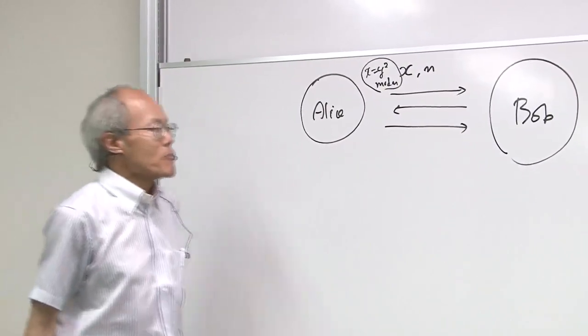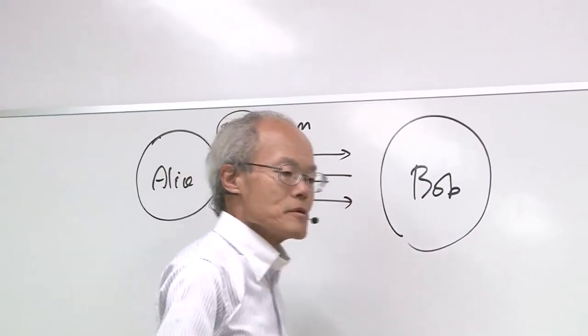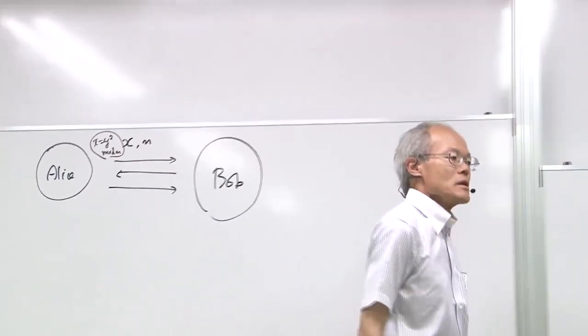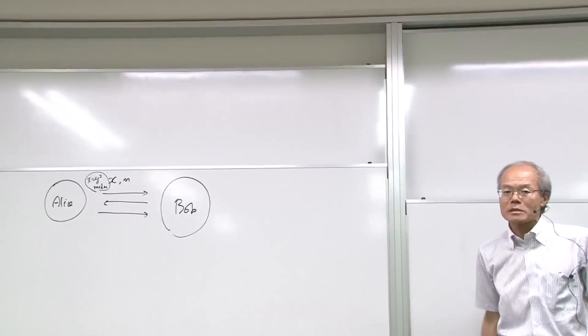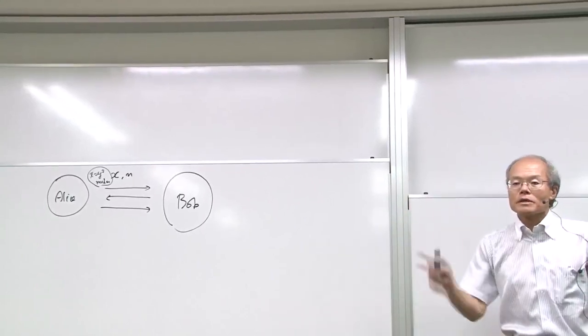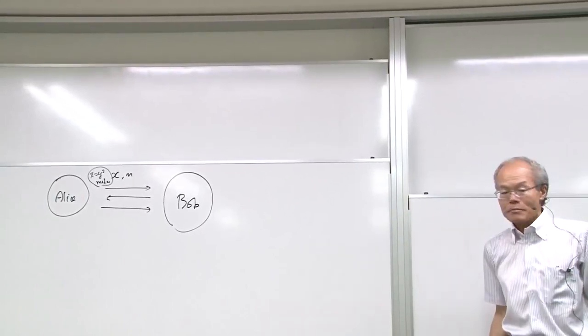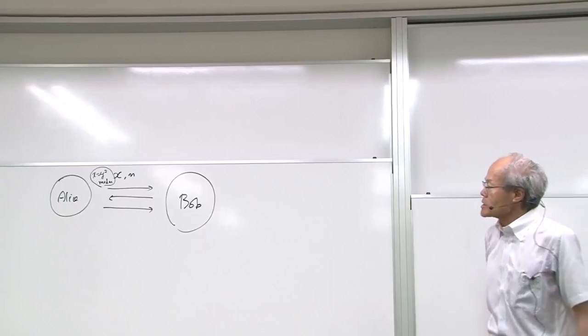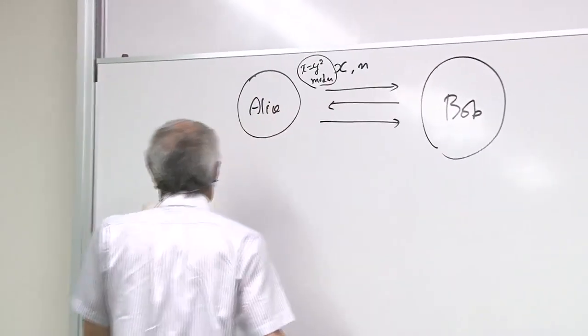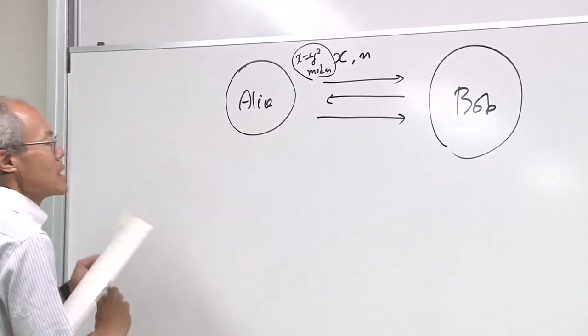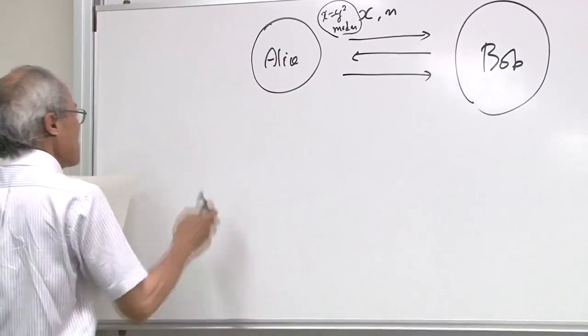In other words, Bob does not accept the input with probability 1/2. We can repeat this process, then that probability can be bigger and bigger. This is what we did last week.